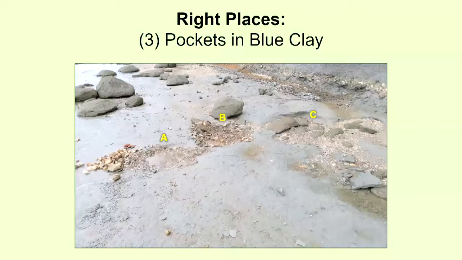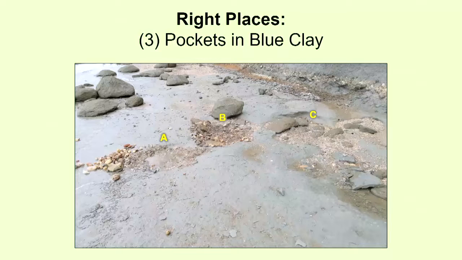Now, here's a lot of blue clay, and there are some depressions in it. And I've actually cleaned 2 of them out with my treasure scoop. And you'll notice that there are some differences. They're labeled A, B, and C. C up at the top has really fine debris in it. In fact, there's only like a half inch, 3/4 of an inch in it, so I didn't even need to scrape it out to see what was there.